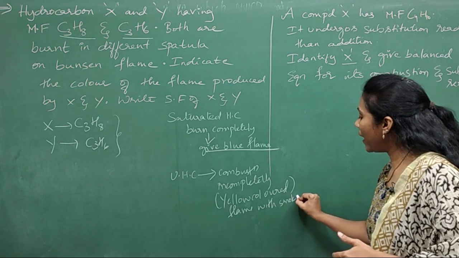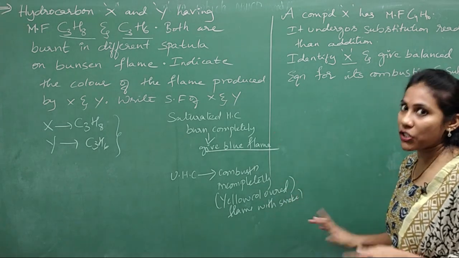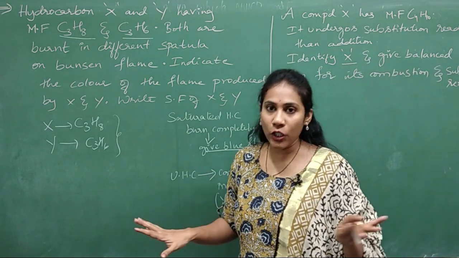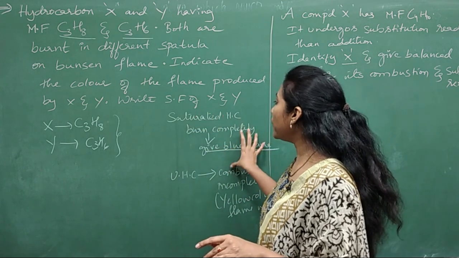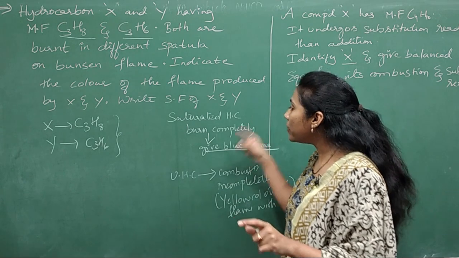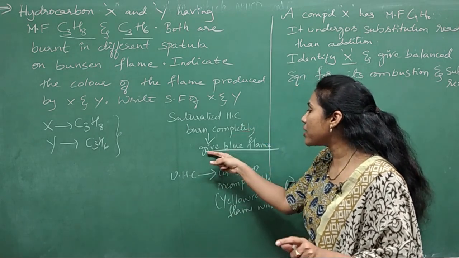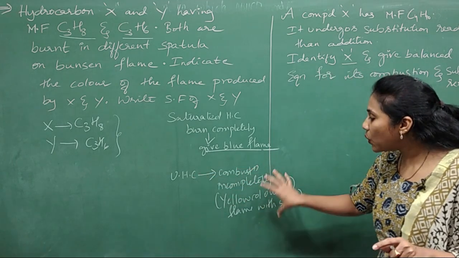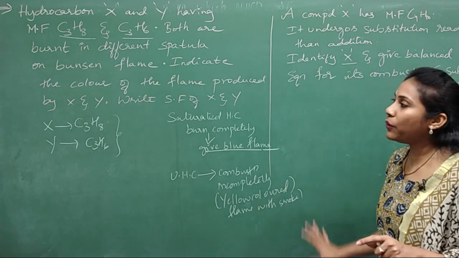So this is what you have to remember about the combustion reactions, guys. So all hydrocarbons undergo combustion, no doubt, but saturated hydrocarbons, complete combustion they will undergo. And how do you know that they are undergoing complete combustion? They will give you blue flame. And unsaturated hydrocarbons undergo incomplete combustion and they will give you yellow flame.